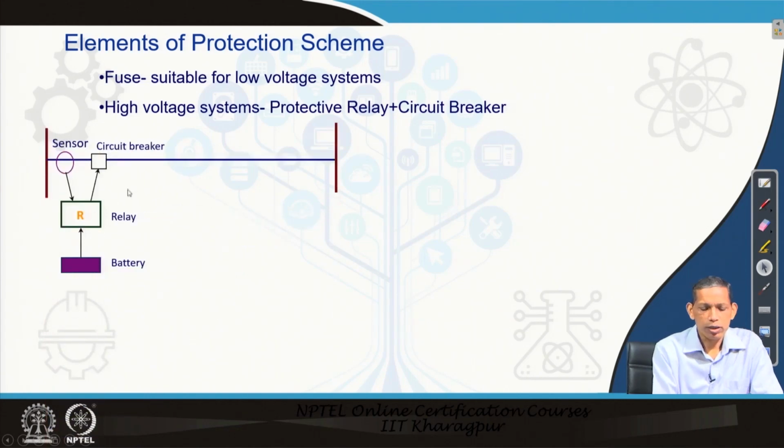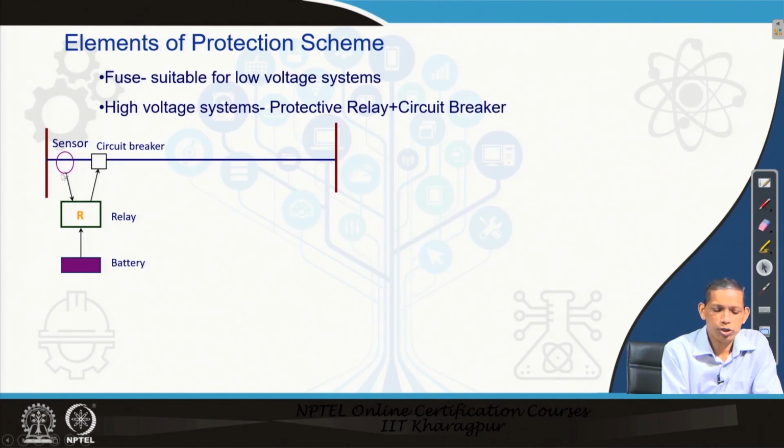Come to this circuit, two buses connected through a transmission line and this line is to be protected by this protection arrangement. Here we have the circuit breakers which are to be opened in case of a fault at any point in the line.